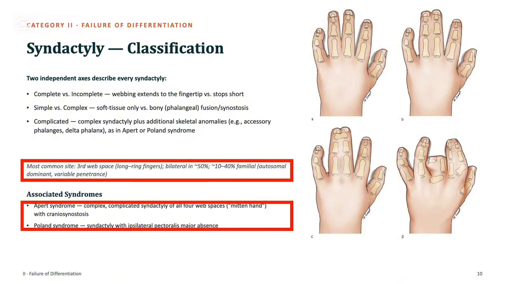Poland syndrome is associated with syndactyly, most commonly brachysyndactyly, short fused fingers, with association of abnormal breast, abnormal skin, subcutaneous tissue, abnormal muscle. Pec major may be absent or deficient.